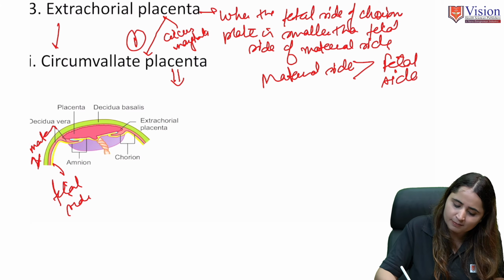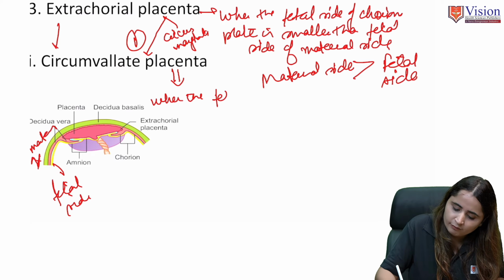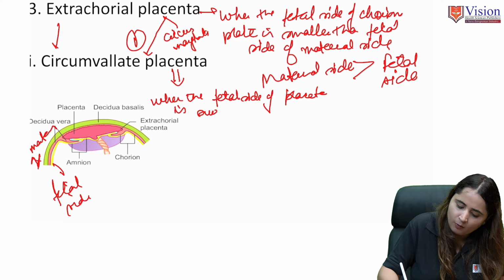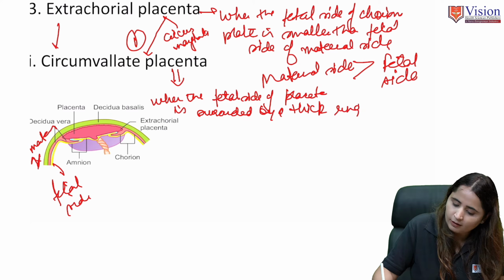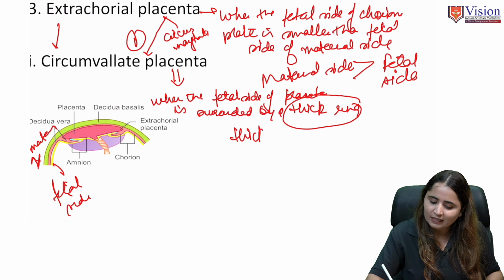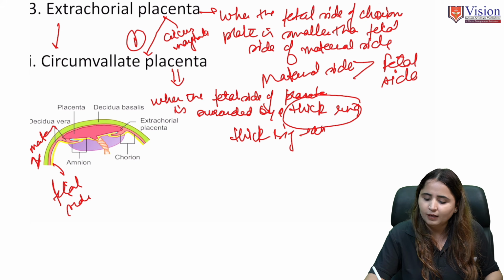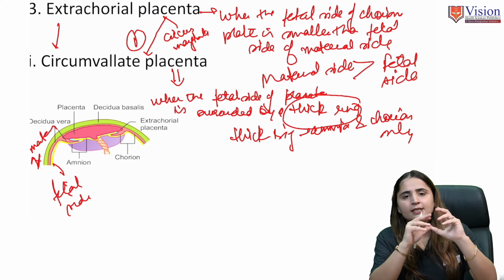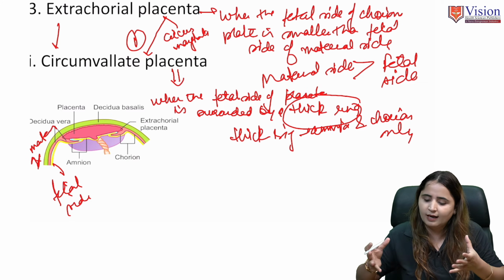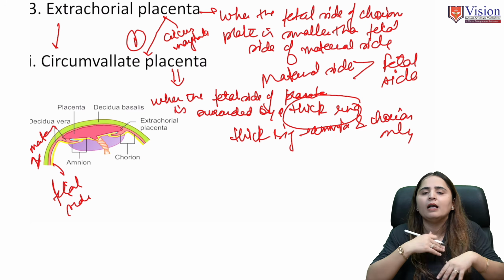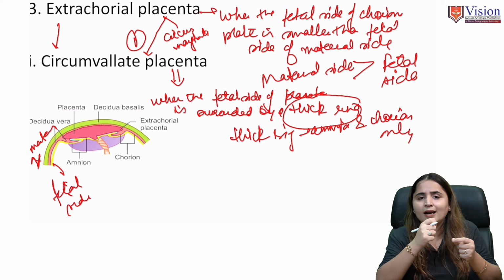In the circumvallate placenta, what happens is the fetal side of the placenta is surrounded by a thick ring. यही सबसे इंपॉर्टेंट पॉइंट है, surrounded by a thick ring of membrane. And what is this thick ring? This thick ring is amnion and chorion only. So when the fetal side of the placenta is surrounded by a thick ring, what is it? Amnion and chorion. And this amnion and chorion are surrounded by itself like a leash of vessels.